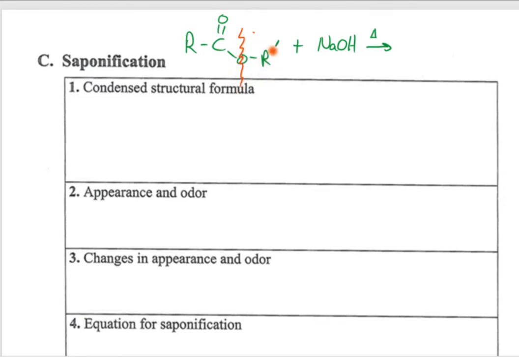You reform the alcohol. I'll just put it on this side, so it would be R prime OH. And then since we're in a basic environment, it's not the carboxylic acid that's formed, it's actually the carboxylate compound, or the carboxylate ion, that forms. That base prevents this group from being reprotonated.